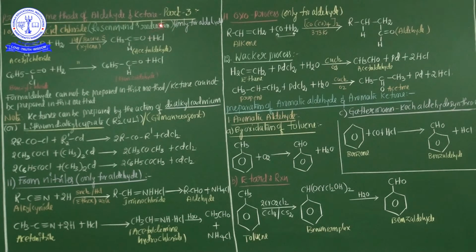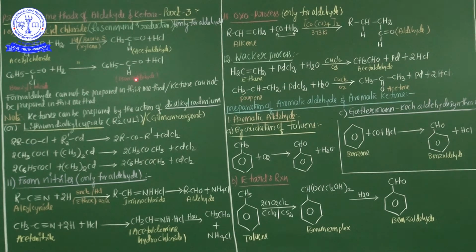See here the statement: acid chloride can be reduced into aldehyde with hydrogen in boiling xylene, using palladium or platinum as a catalyst supported on barium sulfate. This reaction is called the Rosenmund reduction reaction. My dear students, an important point: ketones cannot be prepared by this method.